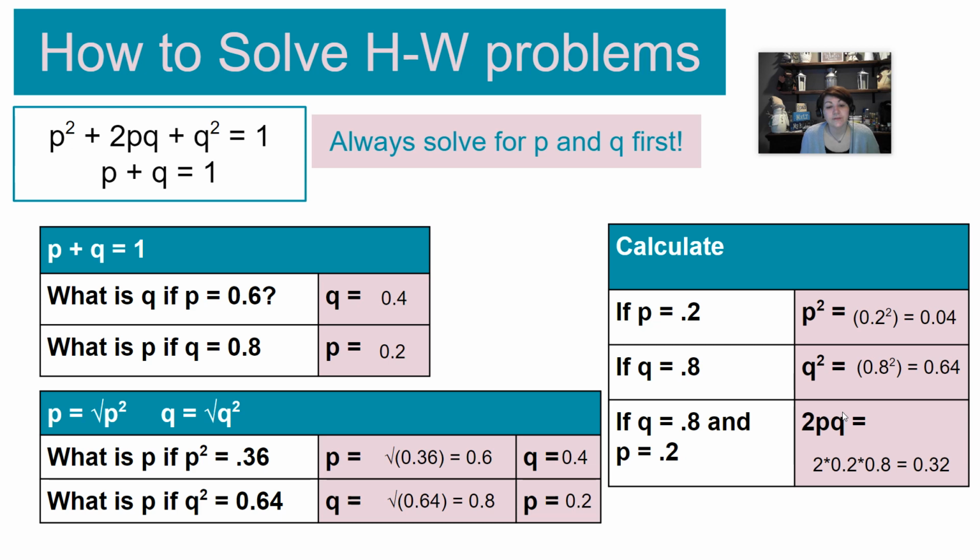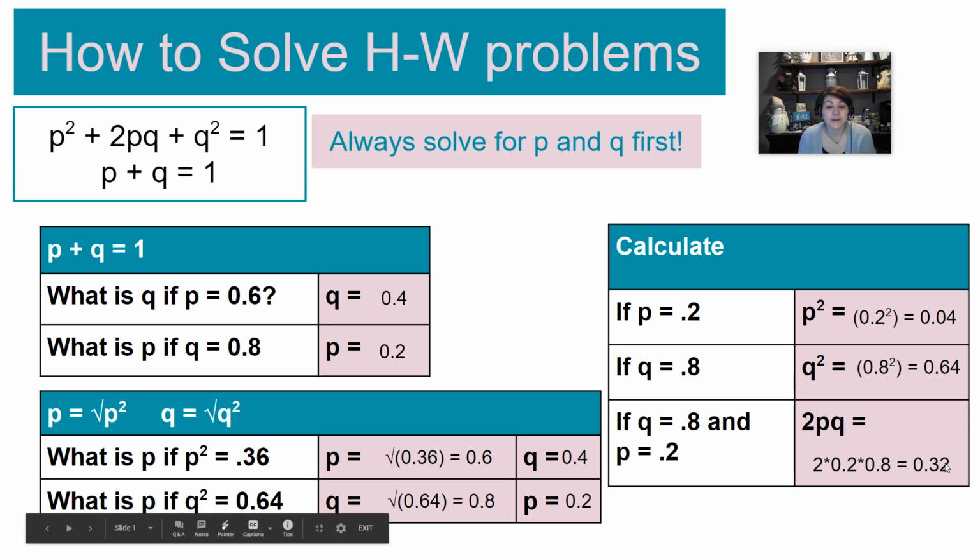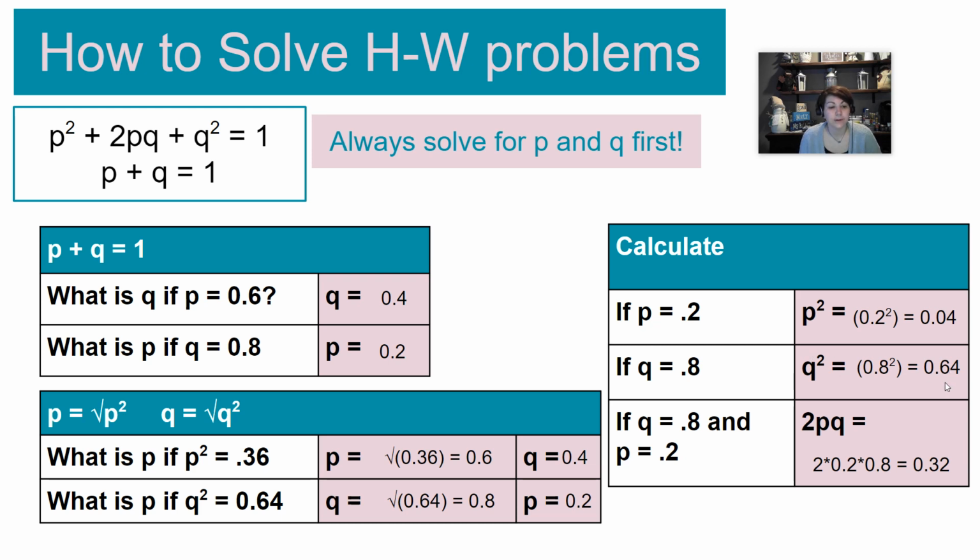If you're heterozygous, you have the dominant trait. So in this case, if I wanted to know my dominant trait frequency, it would be 0.32 plus 0.04, which would give me 0.36. My recessive trait frequency is just equal to the recessive genotype frequency, or Q squared, so 0.64.